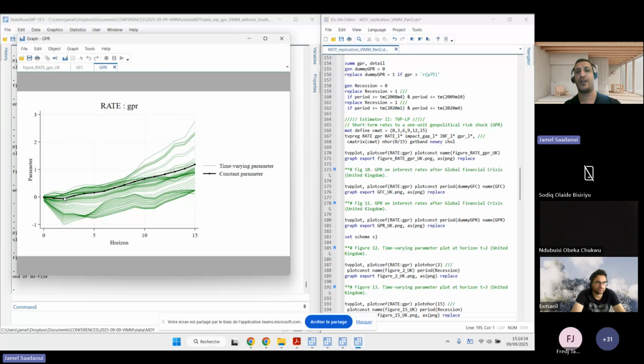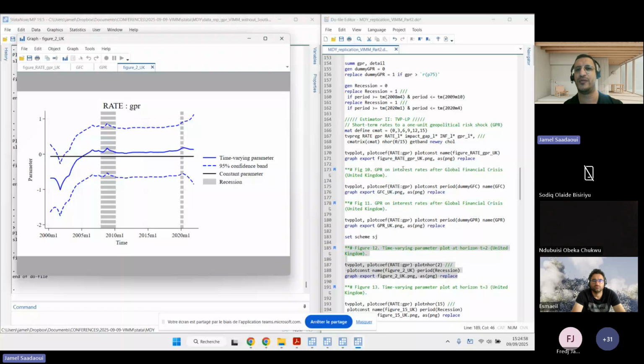Actually, in the contribution of Inoue, Rossi, and Wang, you can test if these impulse response functions are the same. So we are going to test using TVP plot and horizon 2, and we will have the tests. Oh, sorry, you have to put the Stata journal scheme.